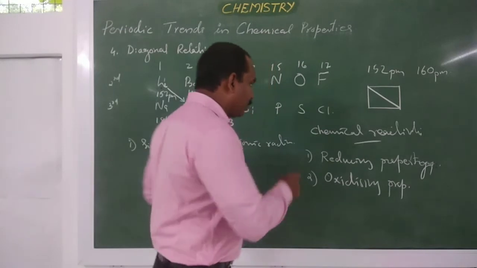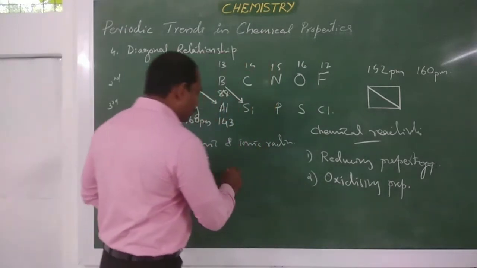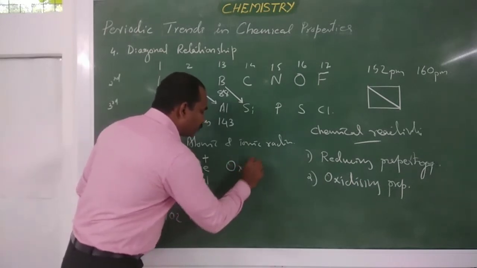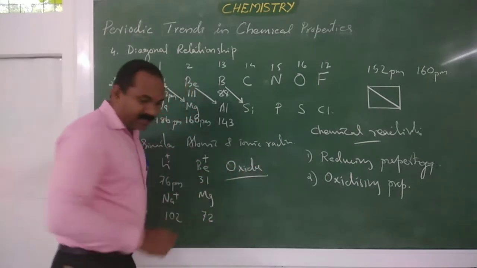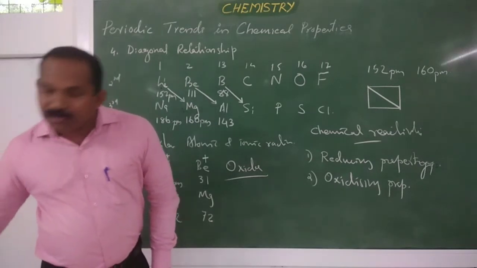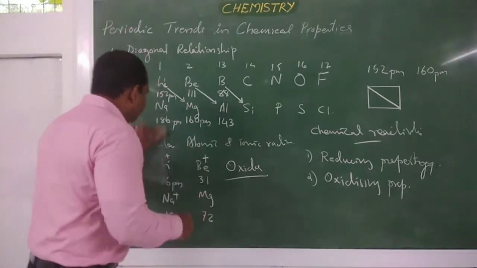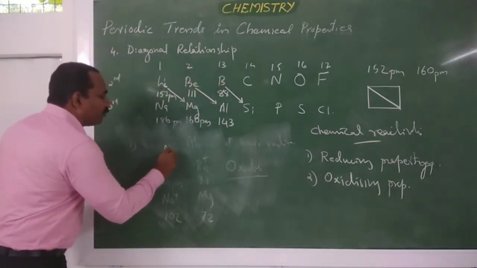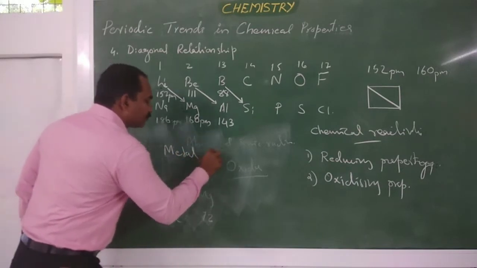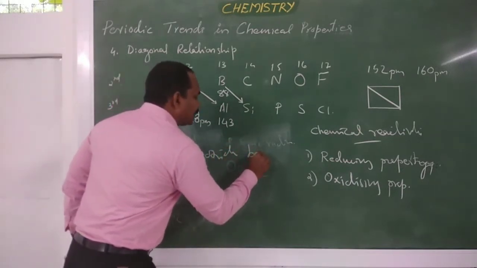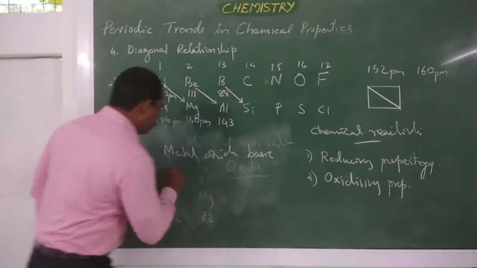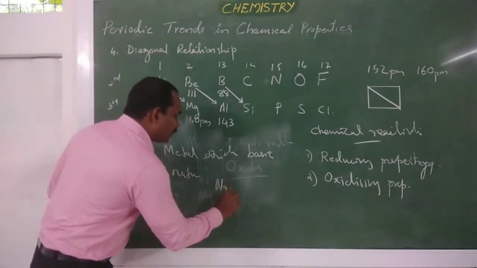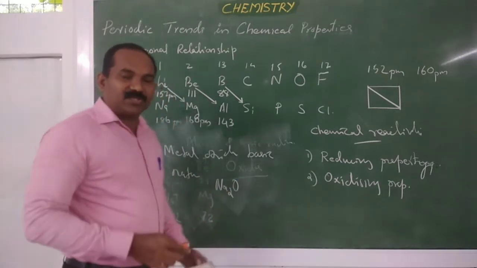Metal oxides are basic in nature. For example, sodium oxide is basic in nature.